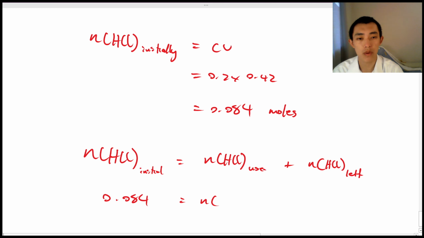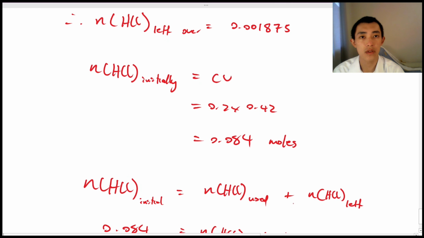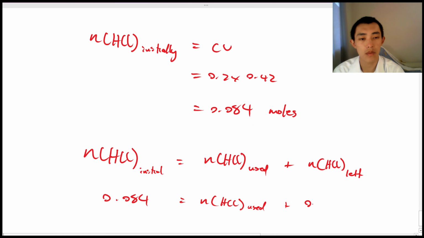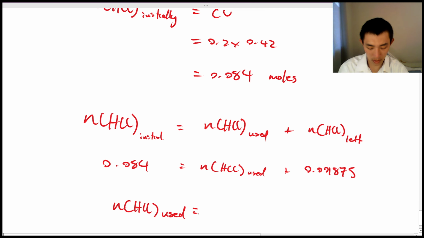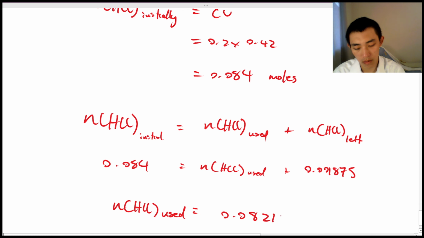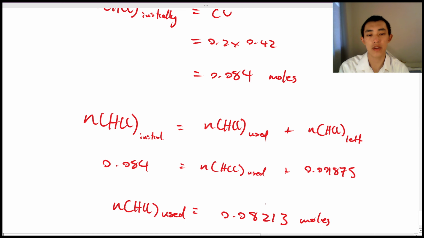We don't know how many moles were used, plus 0.001875 moles of HCl left. So the moles of HCl used would be 0.0821 moles. This is how many moles of HCl that we used.